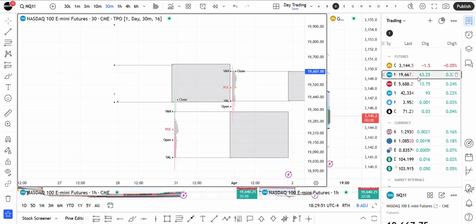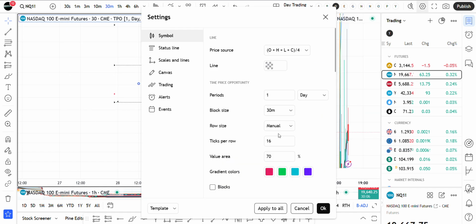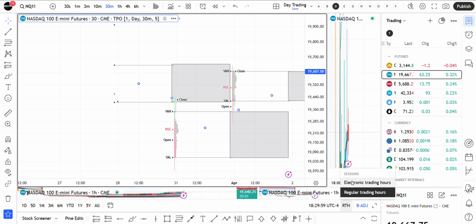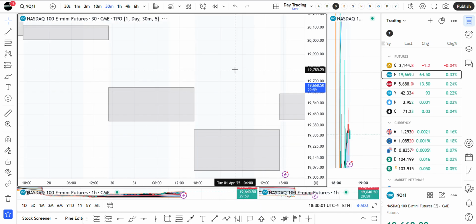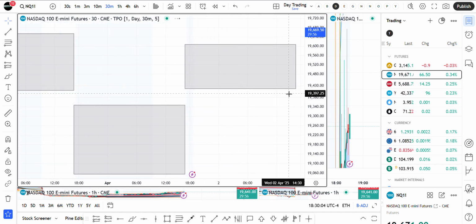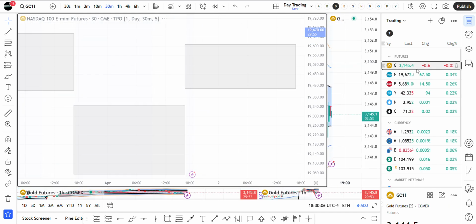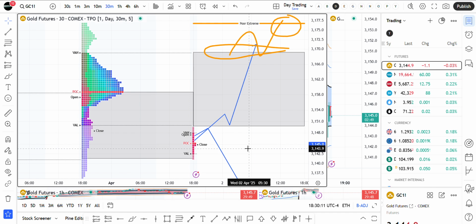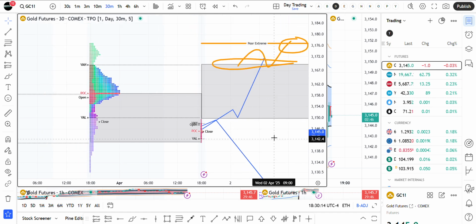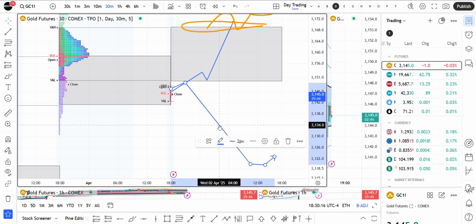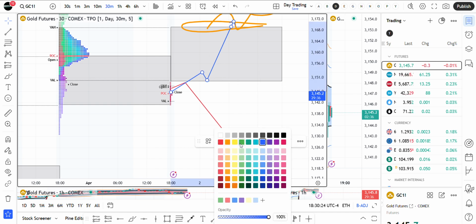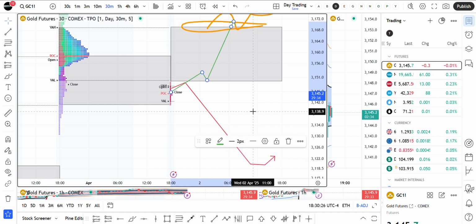Let me actually change some of this. I'm gonna make my first idea red. Second idea green. Third idea blue.